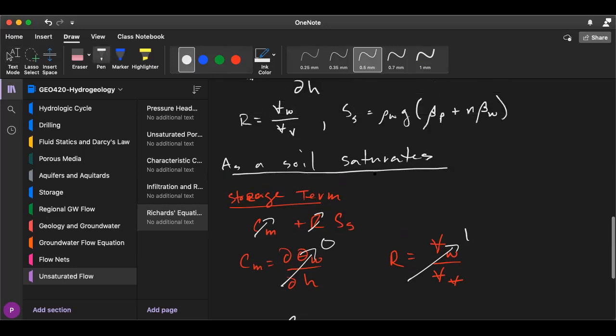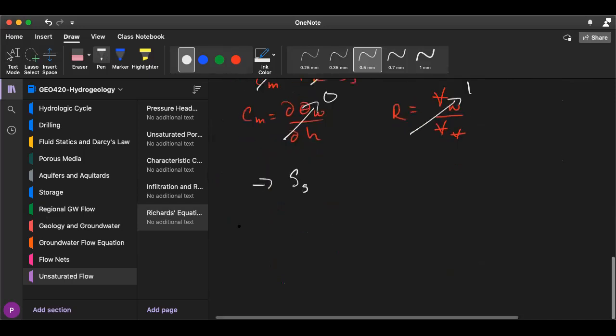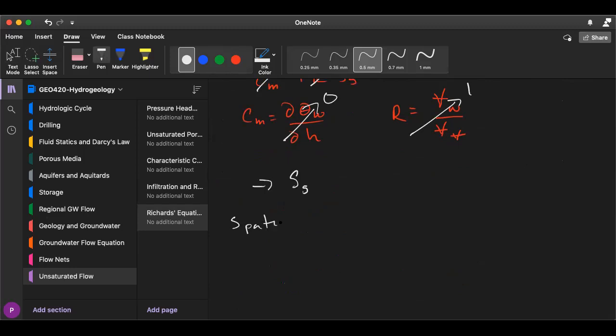Okay, let's now just do one of these spatial derivatives, the spatial term.